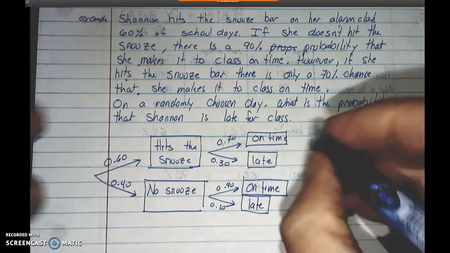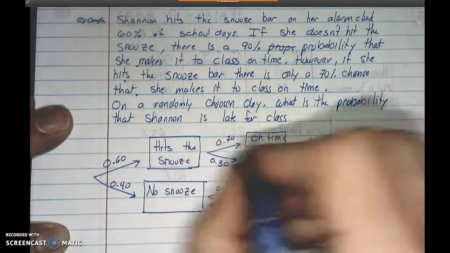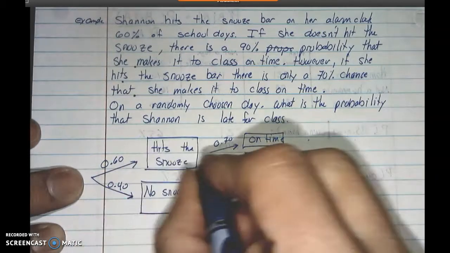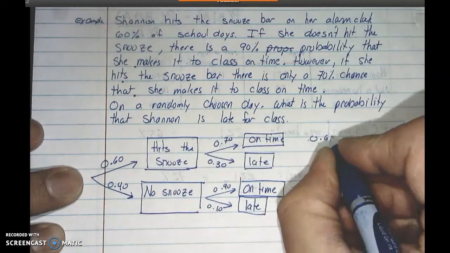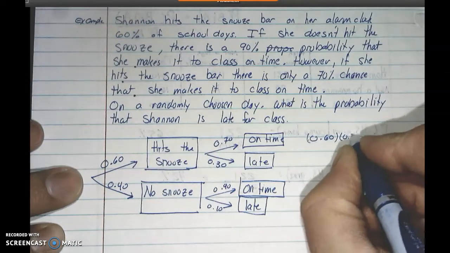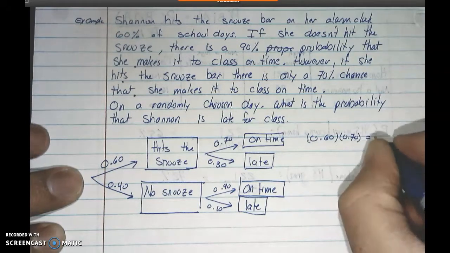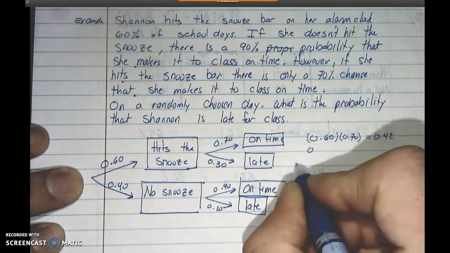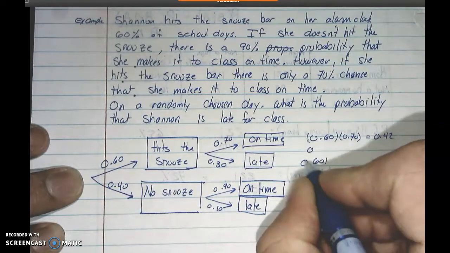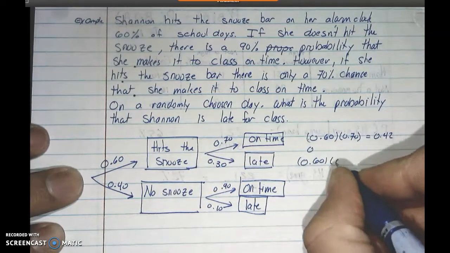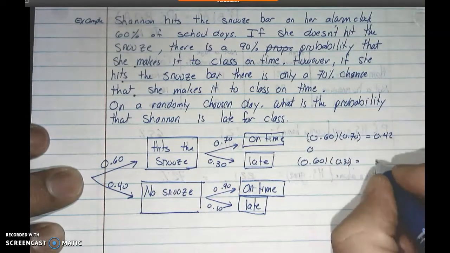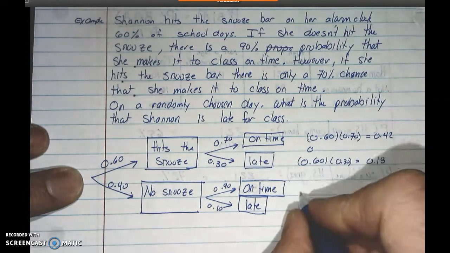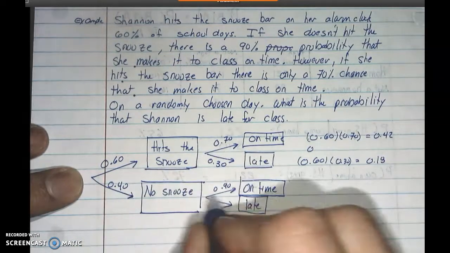All right. So what we're going to do is just follow the arrows. I'm going to go 0.6 times 0.7. What is that? 0.42. Okay. And then I have 0.6 and 0.3, which is 0.18. Then I followed this arrow. I got 0.4 and then 0.9.